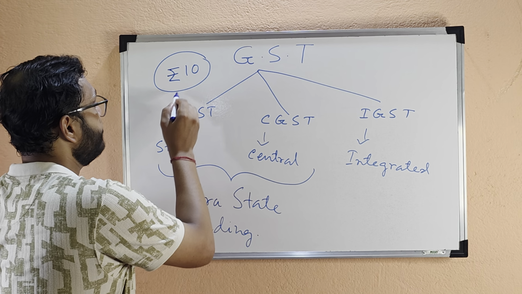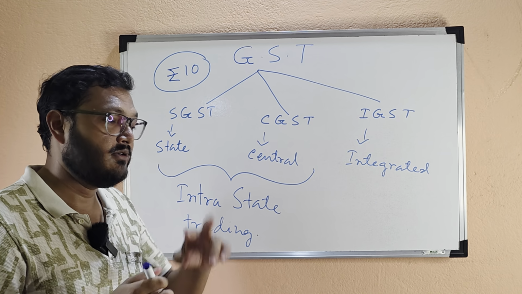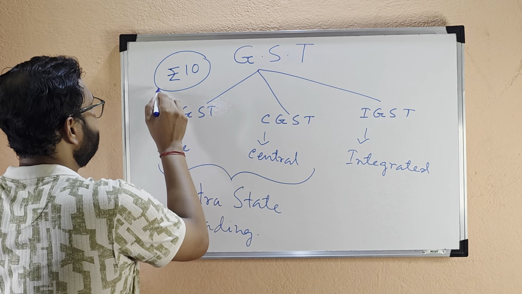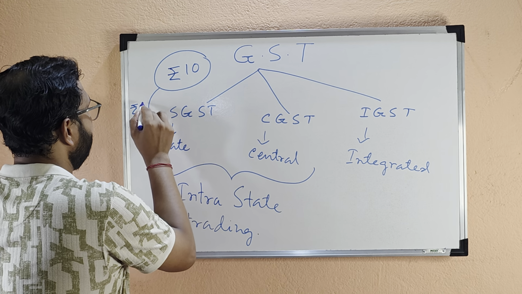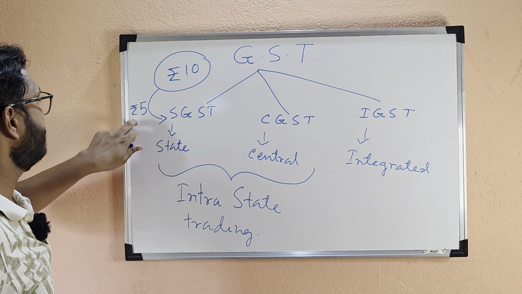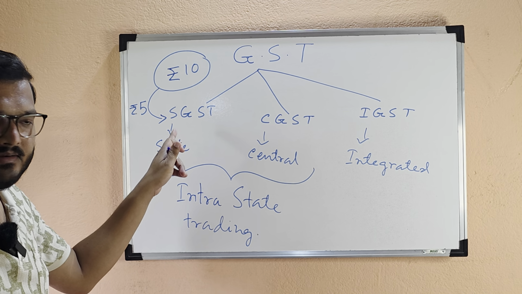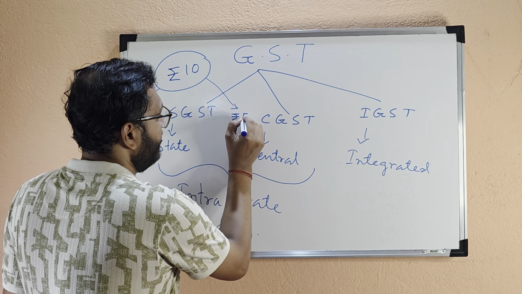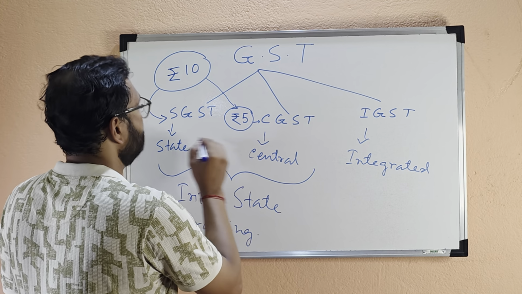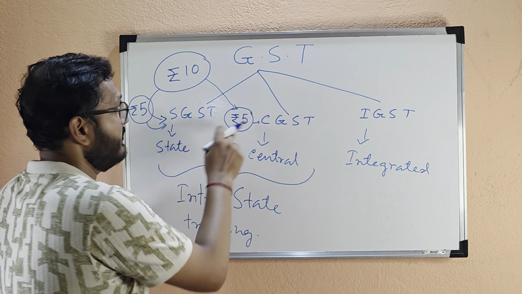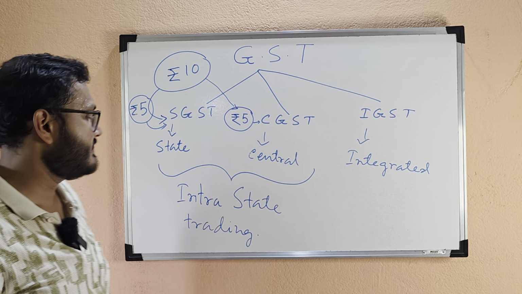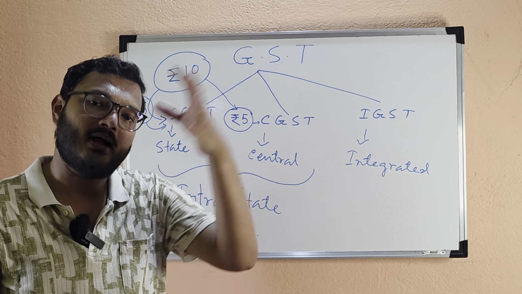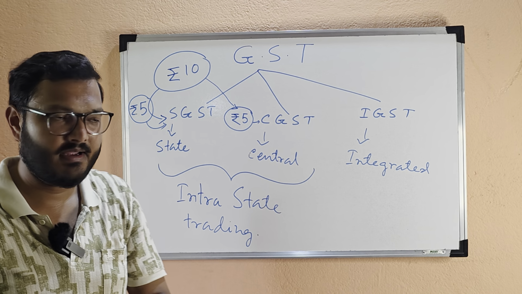These 10 rupees will be divided equally between the two governments: 5 rupees will come to the state government treasury, and 5 rupees will come to the central government treasury as CGST. So in intrastate trading, an equal share of the total GST goes to the central government as well as the state government.